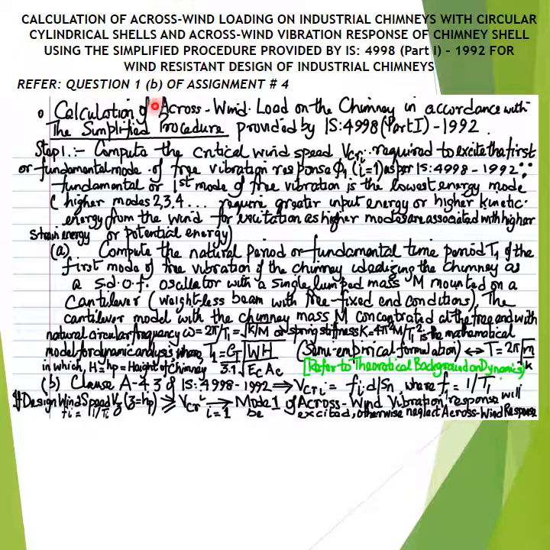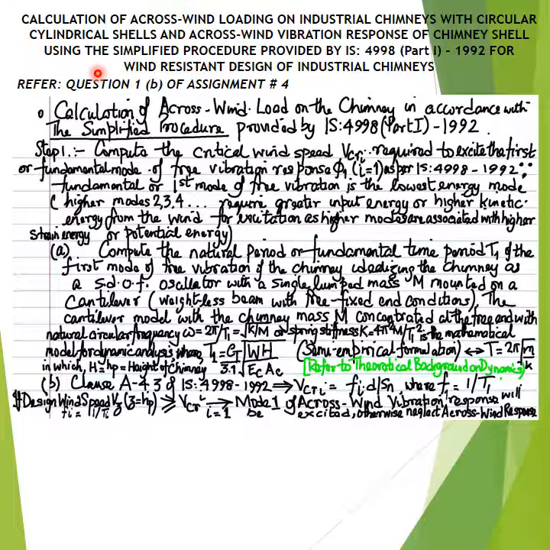The crosswind load that acts on the chimney due to the transverse or the crosswind component of the wind pressure distribution around the periphery of the cross section of the industrial chimney may be critical in governing the structural design of the chimney shell under certain conditions.